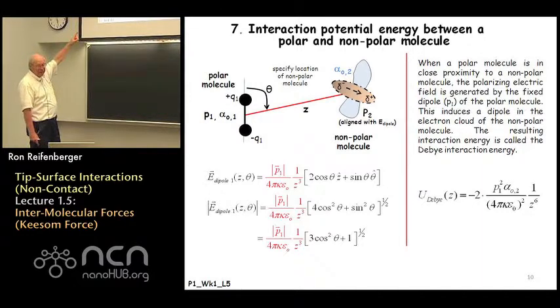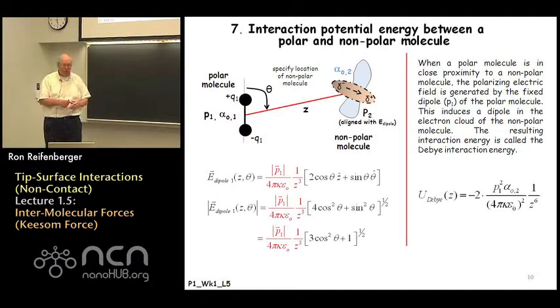The strength of the electric field produced by the polar molecule with a permanent dipole moment P1 varies as 1 over z cubed. So the further away the nonpolar molecule becomes, the electric field that it feels goes down as 1 over z cubed. Turns out that's an important factor, right?